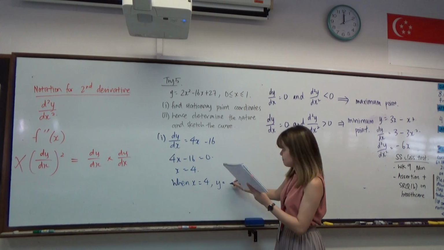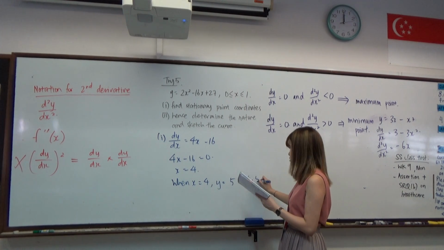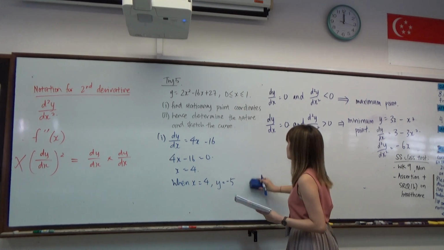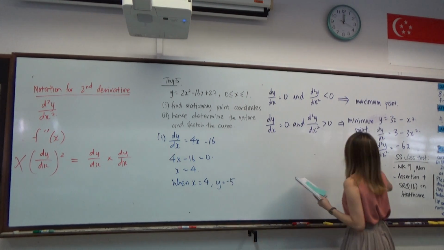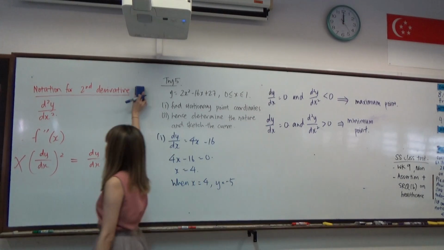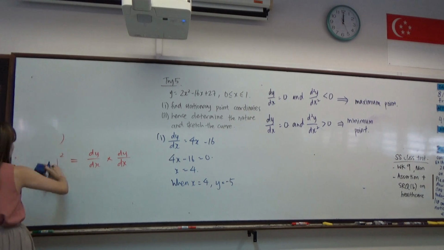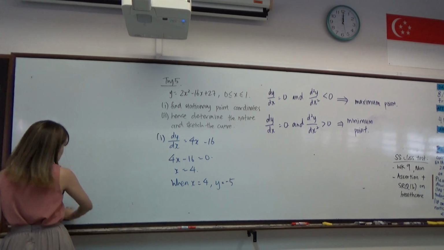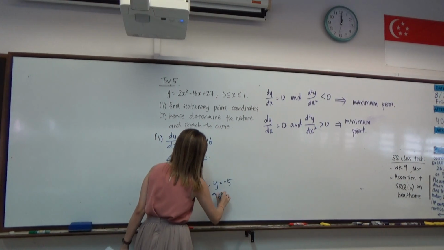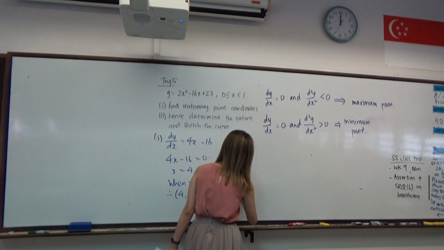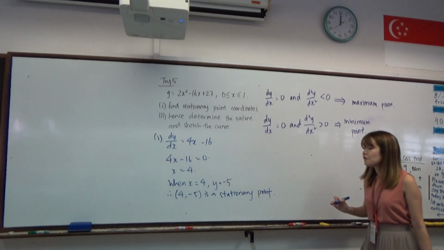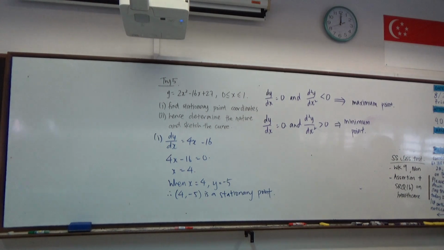That will be negative 5. So 4, negative 5 is the stationary point.